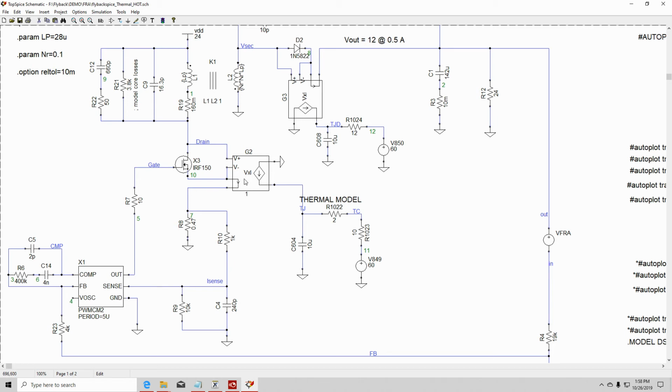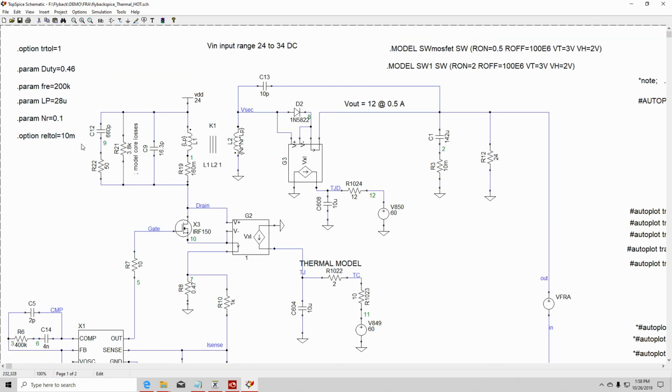Okay, so what I want to do is, I had made a statement that if you did not select the proper turns ratio, selecting the wrong ratio would overheat this MOSFET.